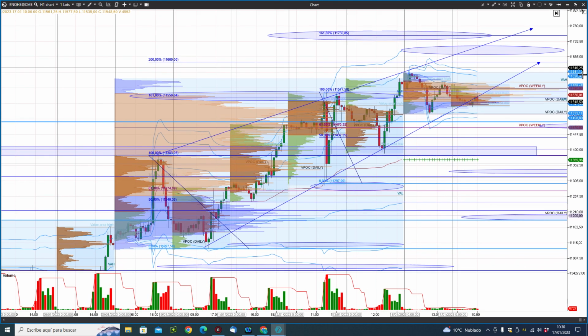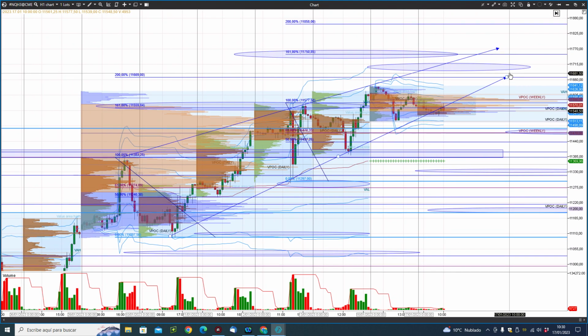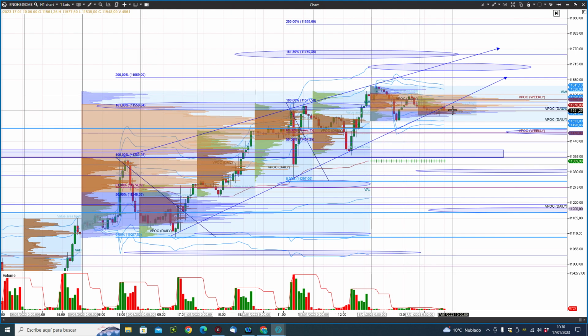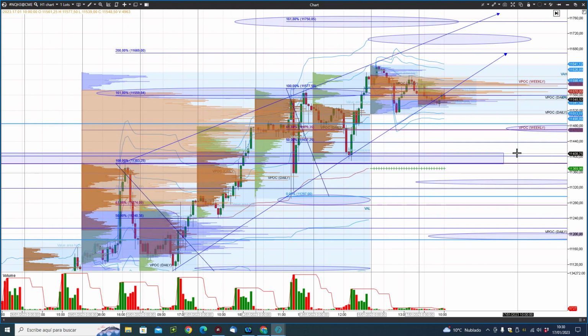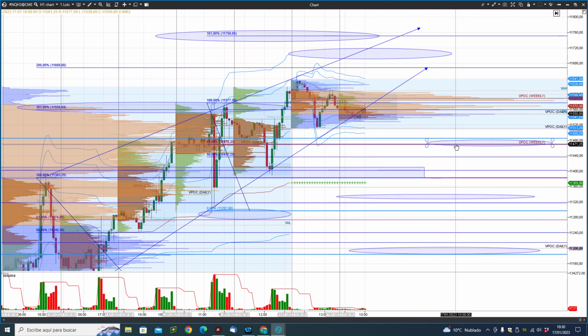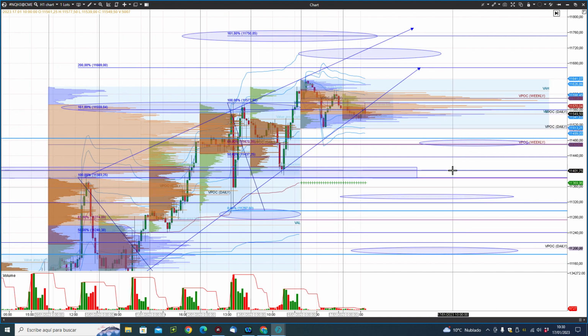Let's jump to Nasdaq. Nasdaq, the same wedge structure. If it breaks, the lower targets are 11,471, and in second place this price action zone that begins at 11,411 and finishes, we could say, at the final weekly VWAP, 11,369.